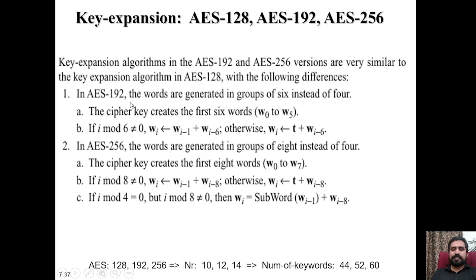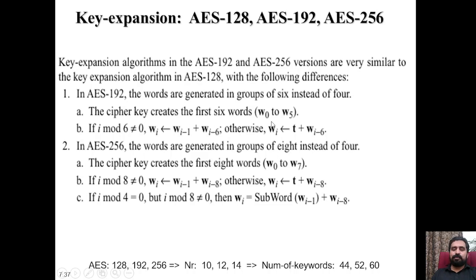In the AES-192 variant, the words are generated in groups of 6 instead of 4, where we use W0 to W3 in the pre-round transformation, then W4 to W7 for the first round, and similarly we move forward. Here we use 6 words.